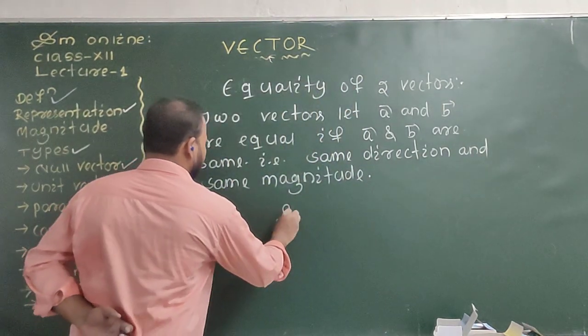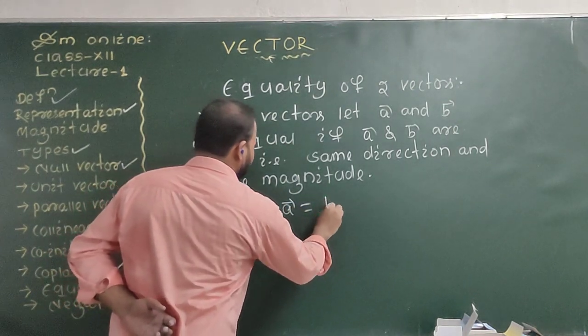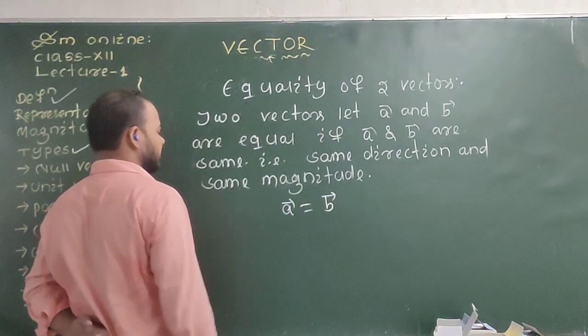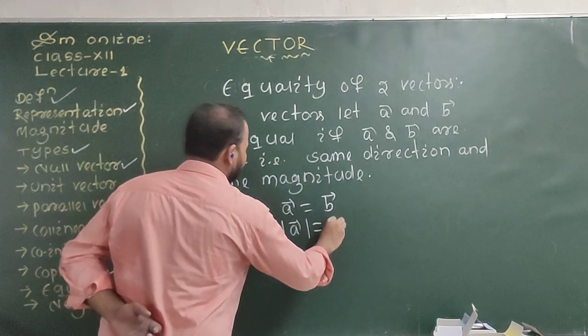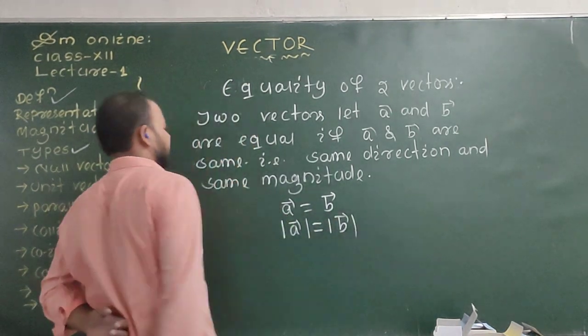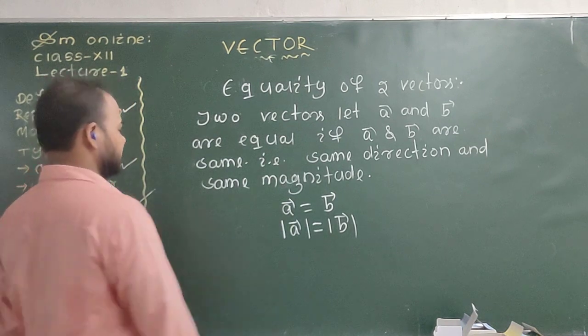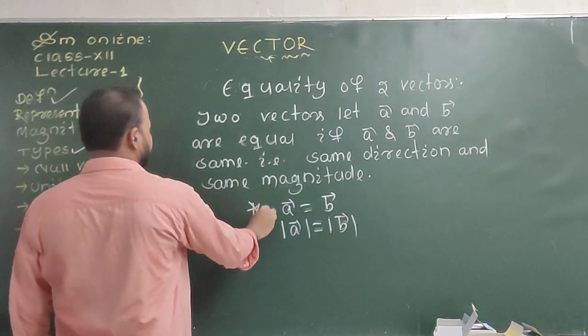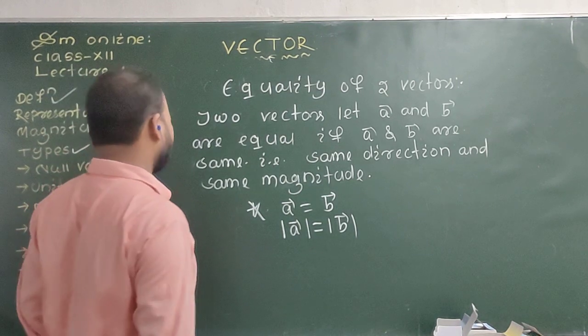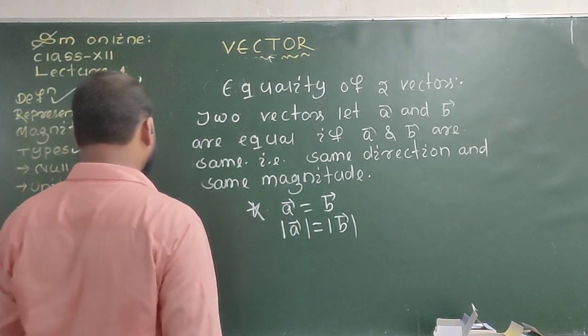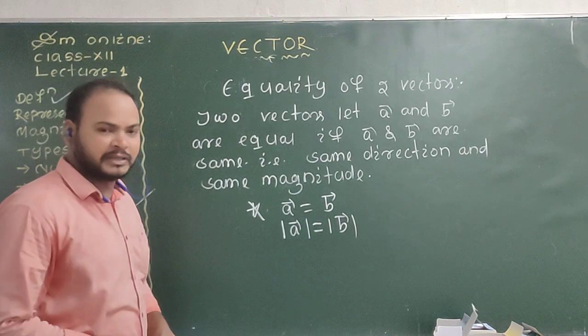That means if vector A equals vector B, then the magnitude of vector A is equal to the magnitude of vector B. This is the most important point. If vector A equals vector B, then the magnitude of vector A is equal to what? The magnitude of vector B.